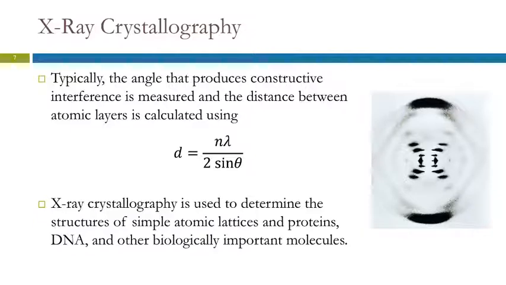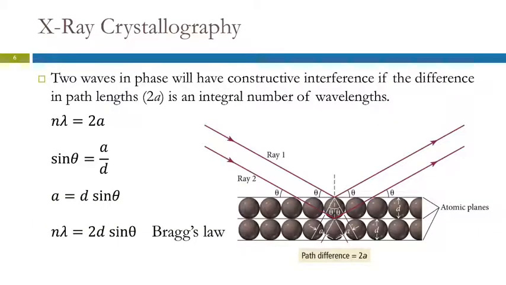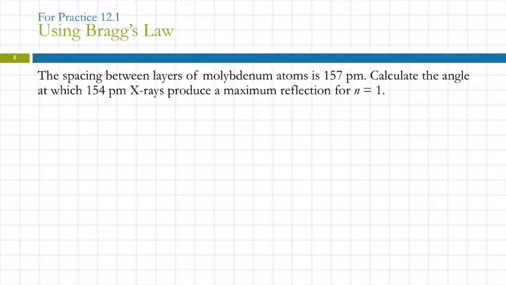How about, what do we have to do on an exam? I would give you this equation, Bragg's law. This is a sort of question that could come up. The spacing between layers of molybdenum atoms is 157 picometers. Calculate the angle at which 154 picometer X-rays produce a maximum reflection for n equals 1.